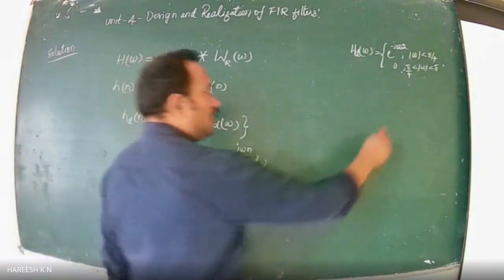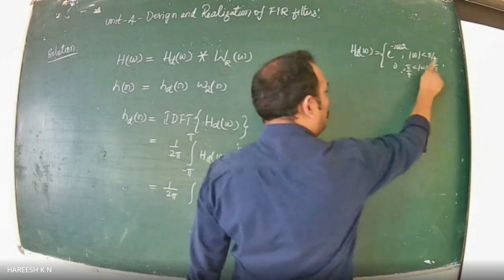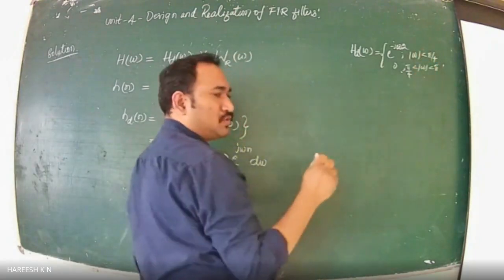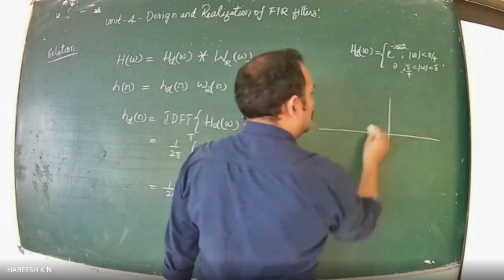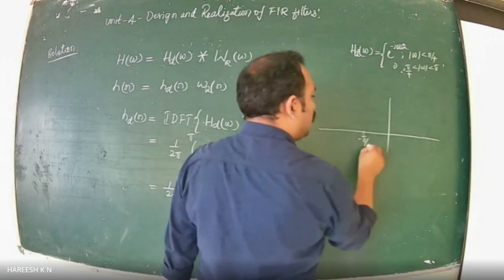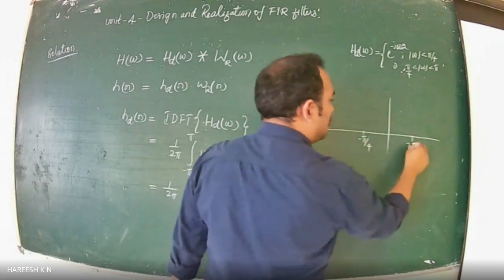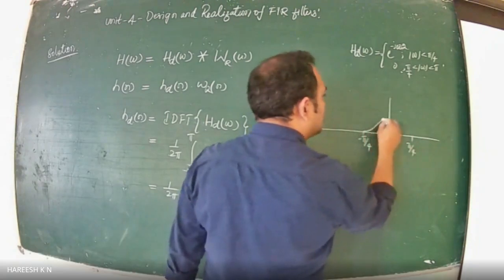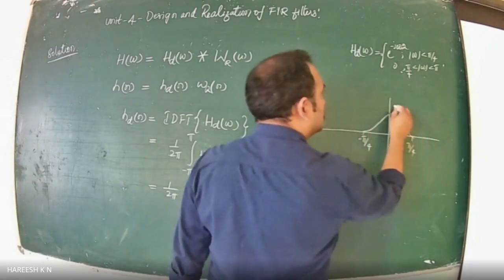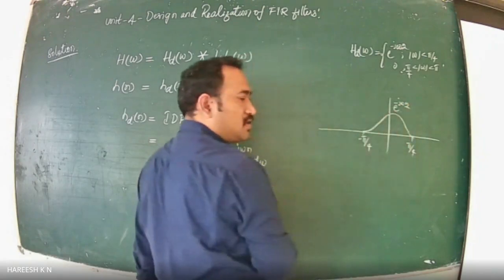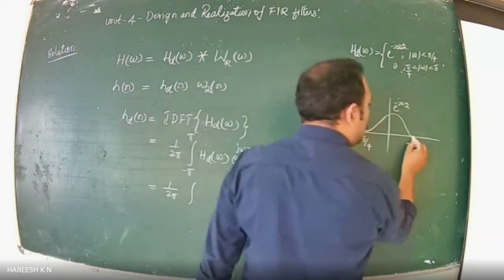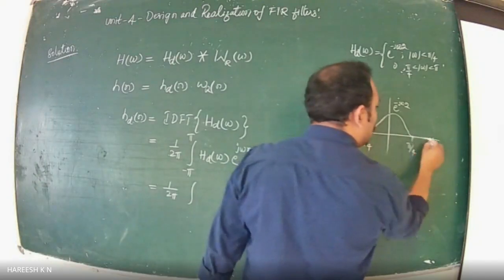Therefore, from minus pi to plus pi, there are two values like this. From minus pi by 4 to plus pi by 4, it is something like this, which is e to the power of minus j omega into 2. Just imagine. And from plus pi by 4 to plus pi, its value is 0.